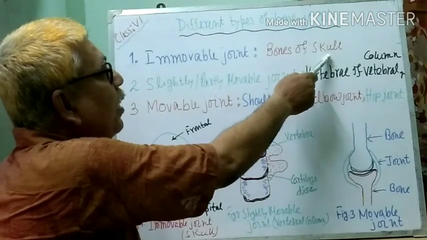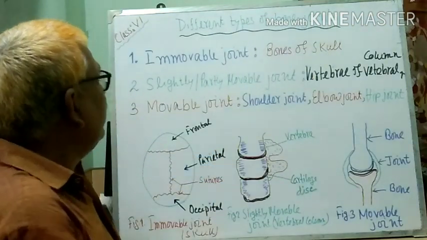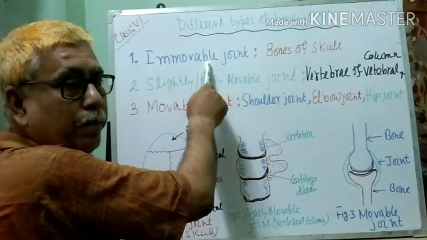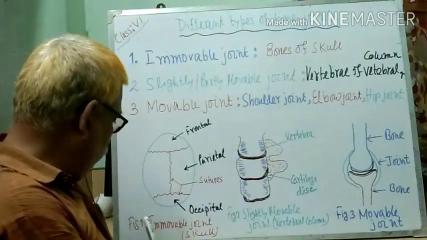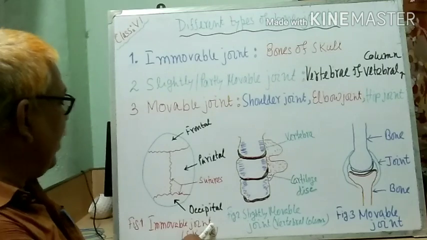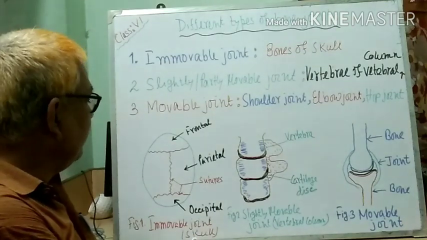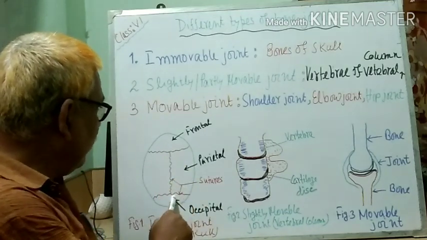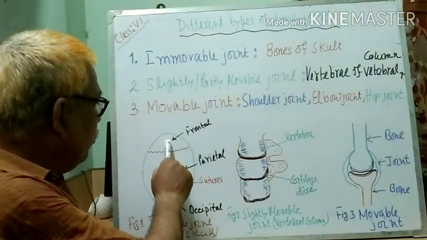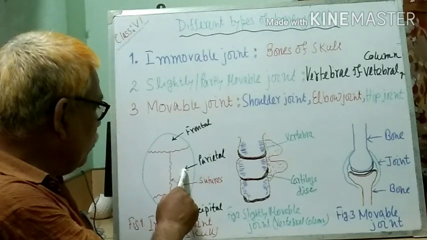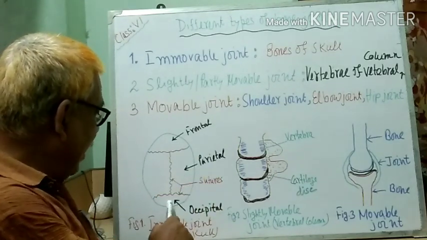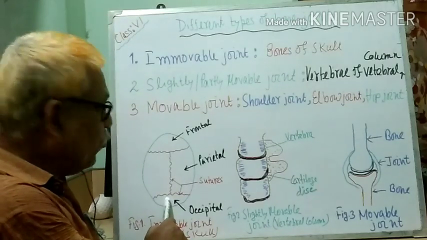Now, what is an immovable joint? Example, bones of the skull. Immovable means not movable. Here, look at the immovable joint, the skull. These are the bones of the skull. This is the frontal bone, these two are parietal bones, and this is the occipital bone.